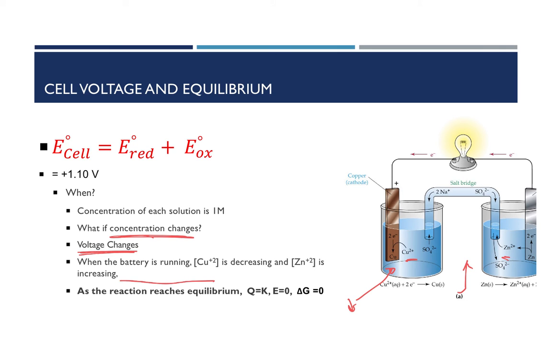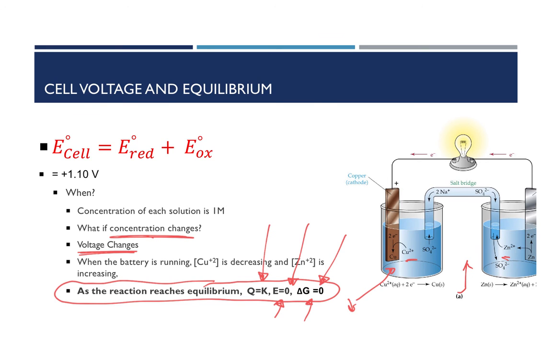As that reaction reaches equilibrium, Q is going to equal the equilibrium constant K, the voltage is going to equal 0, and our Gibbs free energy is going to equal 0. So that's 3 different definitions of equilibrium we have now: when Q equals K, when the cell potential is 0, or when Gibbs free energy is 0.